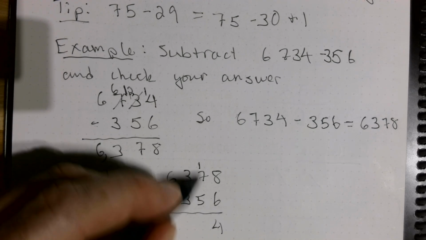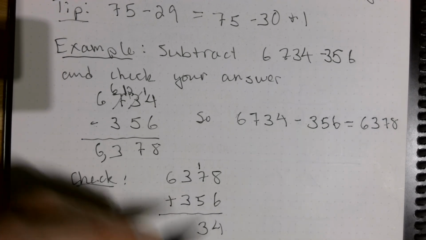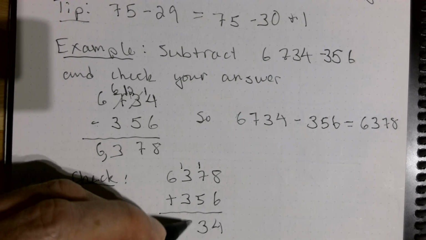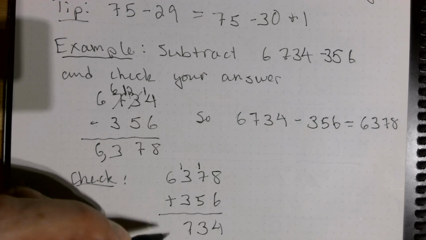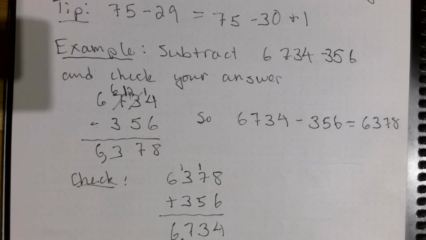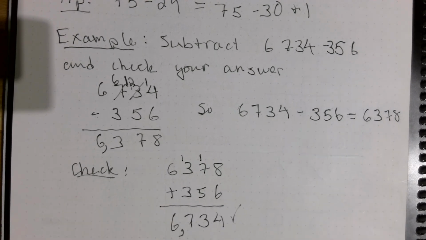We carry that 1 up here. I have 8 plus 5, which is 13. Okay, carry that 1. That's 1 plus 3 is 4, plus another 3 is 7, and then we've got the 6. So I am getting 6,734. That lets me know my subtraction was correct.